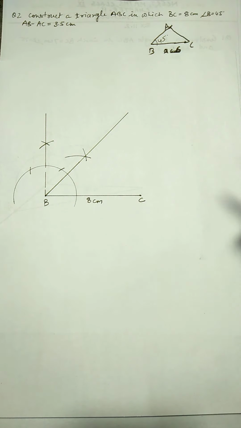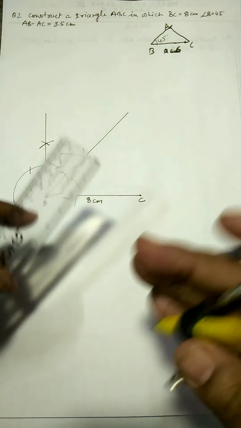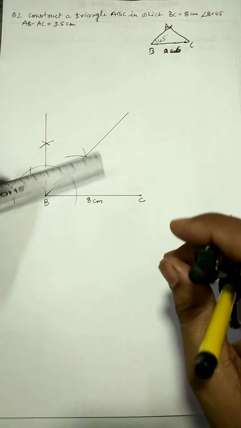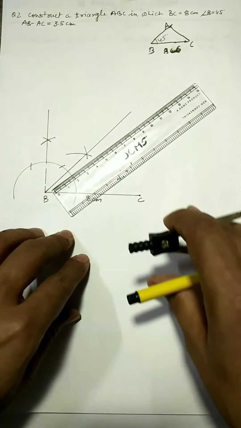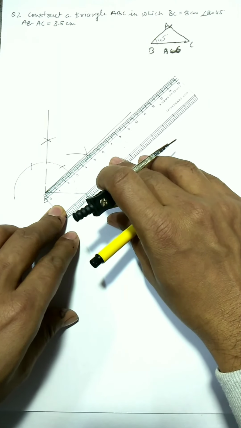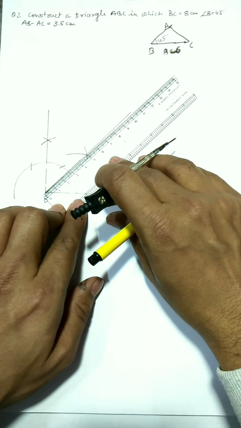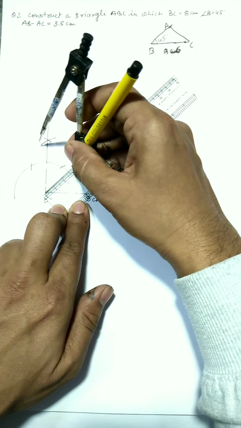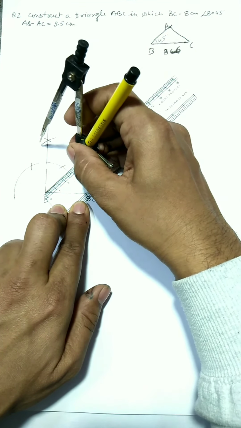Now the point A is somewhere above BC, so somewhere we have to cut 3.5 centimeter. Either you measure 3.5 from this scale, or you may measure it with your compass also. So 3.5 is approximately coming at this point. This is your 3.5.